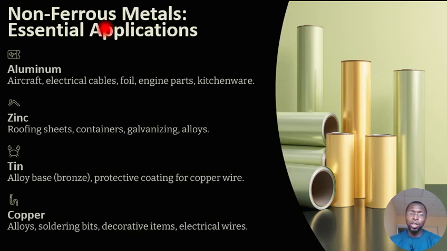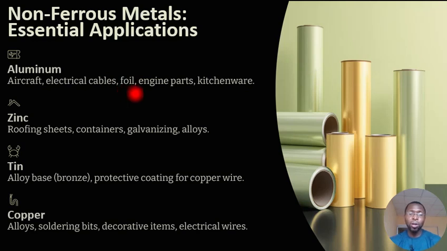And for the non-ferrous metals, I'm going to mention them with their respective applications. For aluminium, it is used for making aircraft. We also use aluminium for making electrical cables. We use aluminium for making foil.